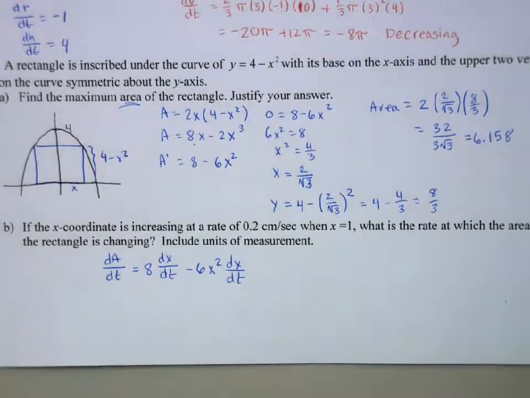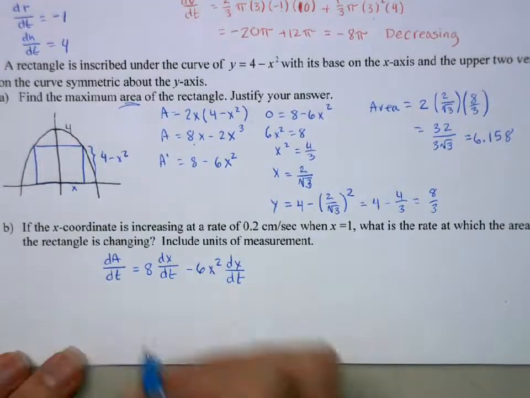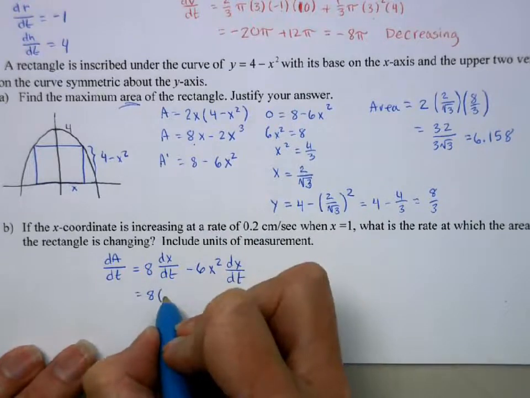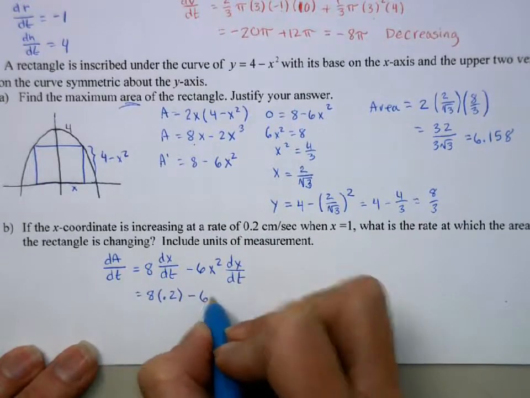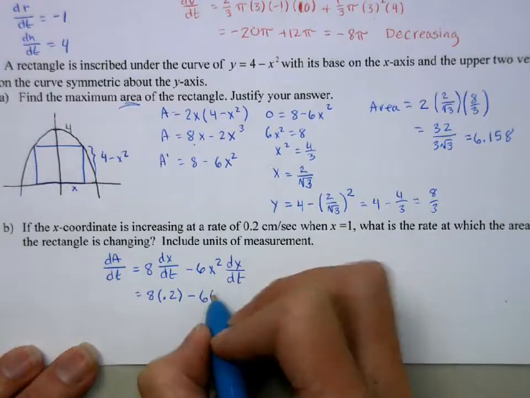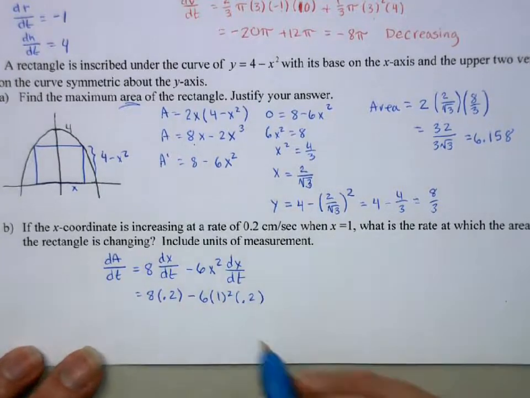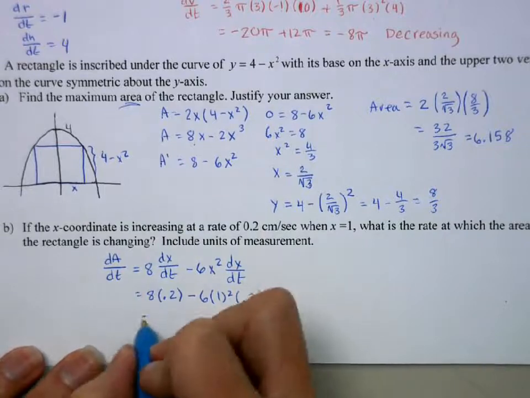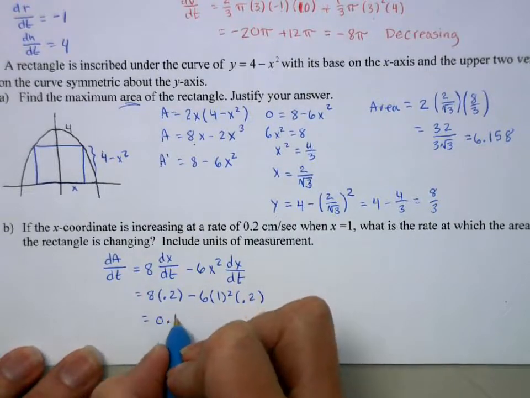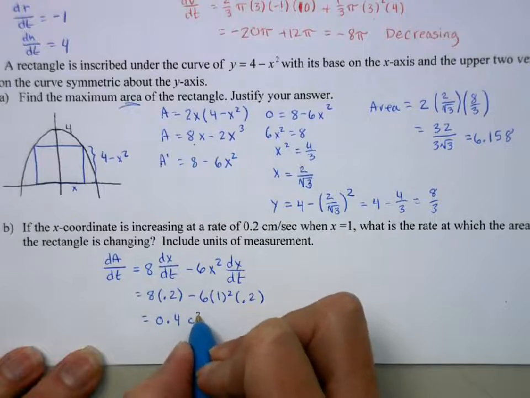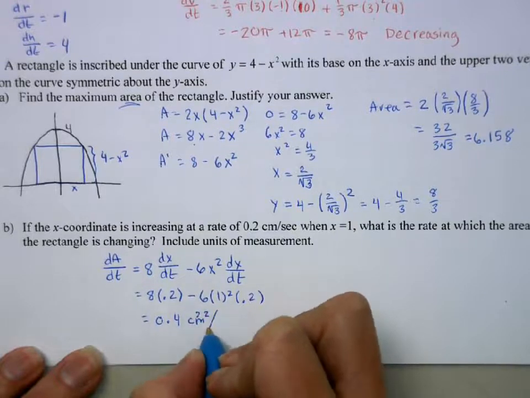And then we'll plug in the specific values. So 8 times dx/dt, which is 0.2, minus 6, my x is 1. Okay, type all that in your calculator and you're going to get 0.4. This is area, so centimeters squared per second.